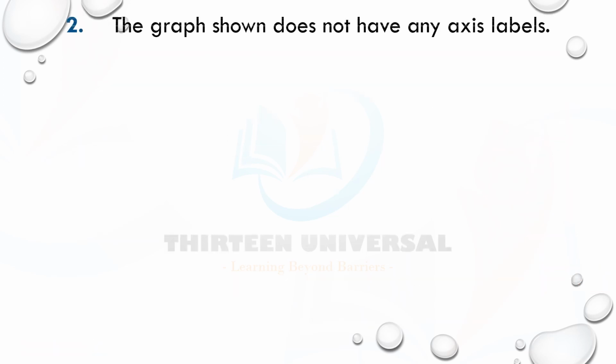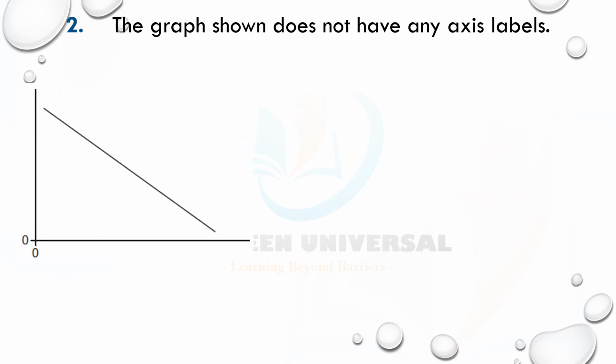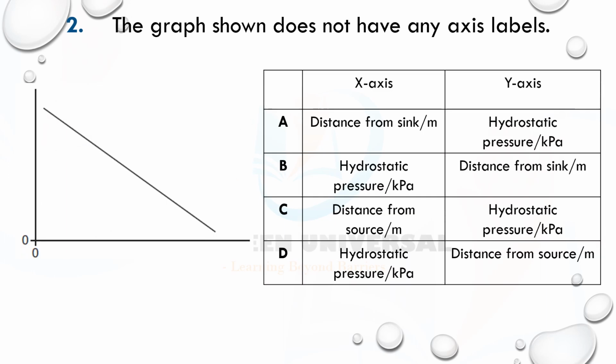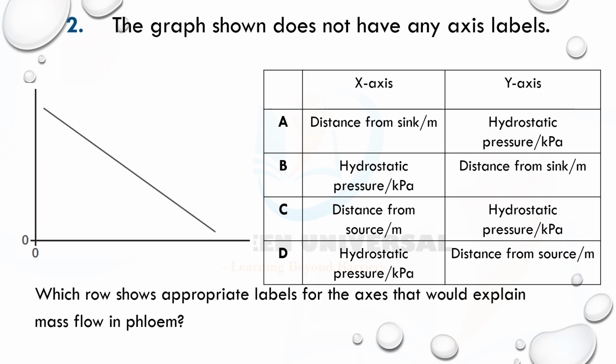Okay, let's go to question 2. The graph shown does not have any axis label. So which row shows appropriate labels for the axes that would explain mass flow? Remember that mass flow is due to hydrostatic pressure.